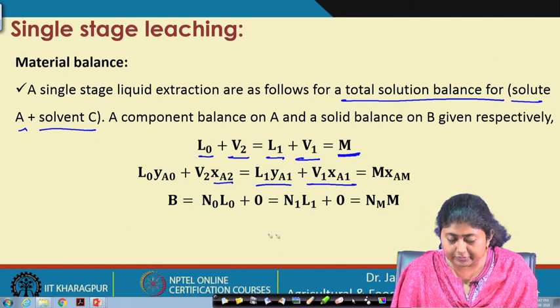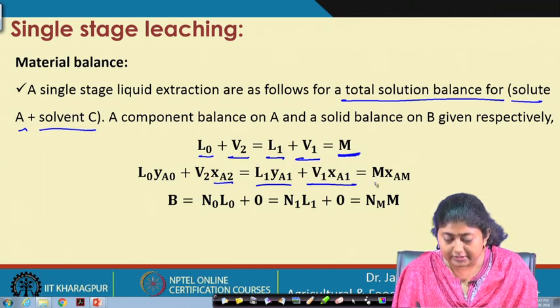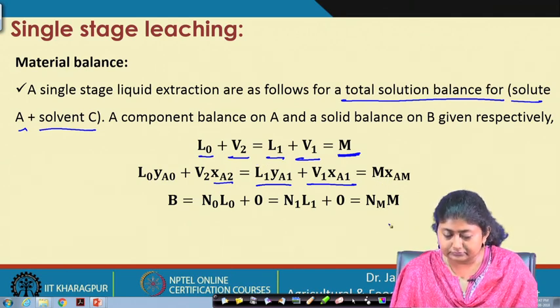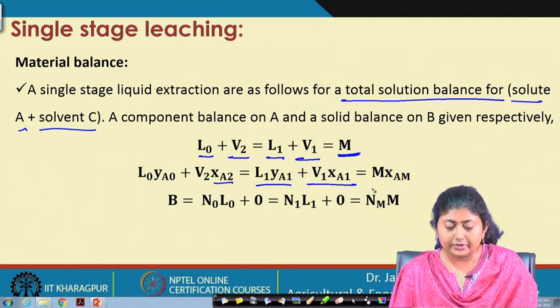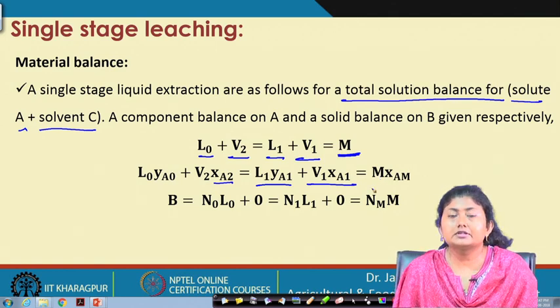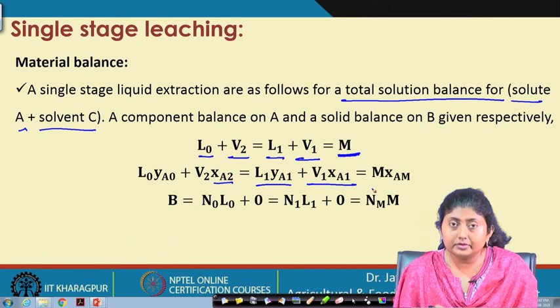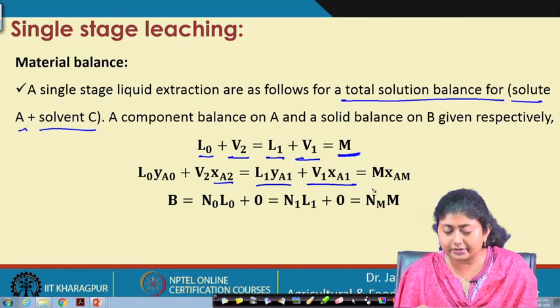Together this will come as M into X A M, because these two streams are getting mixed. Let us say the separation will happen up to a certain point, which is signified by the point M, when the equilibrium will be reached.